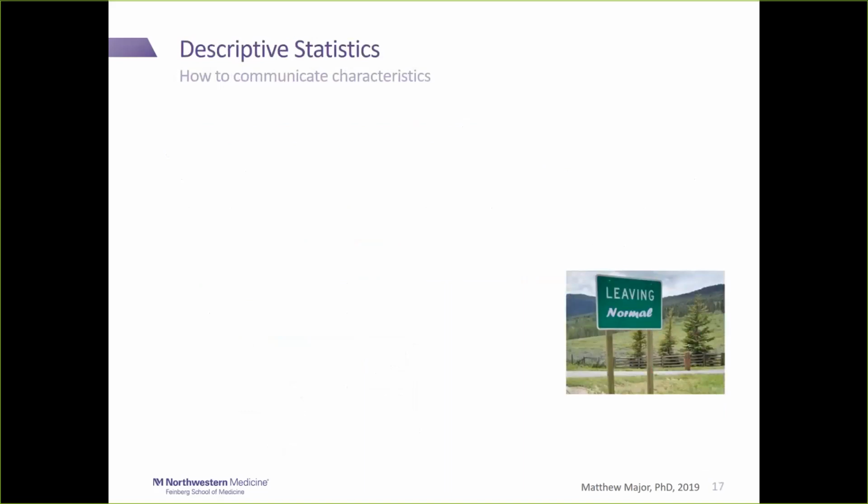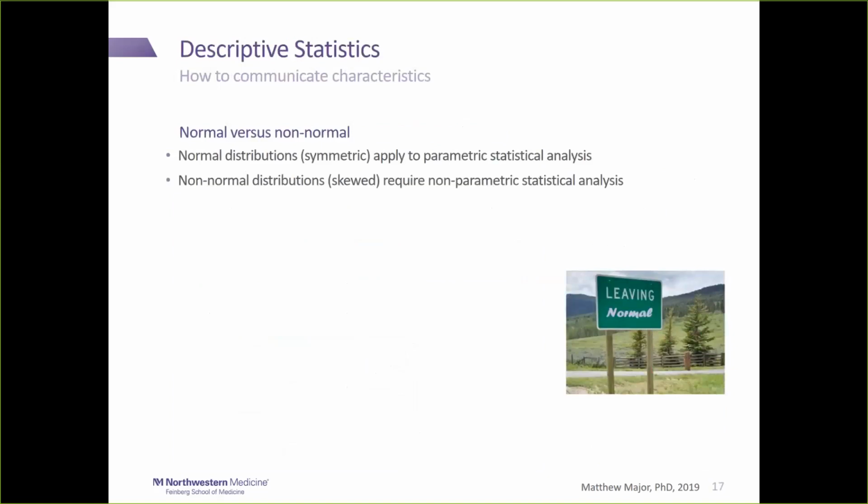Okay, so let's give an example of descriptive statistics, or how to communicate characteristics when you have parametric and non-parametric analyses. So this idea of normal versus non-normal. So again, normal distributions, those that are considered approximately symmetric, apply to parametric statistical analyses. Whereas when you have identified a non-normal distribution, they then require non-parametric statistical analyses so as not to produce misleading results.